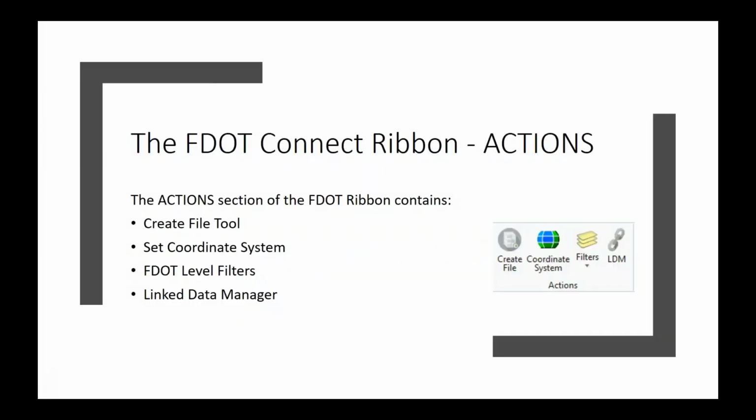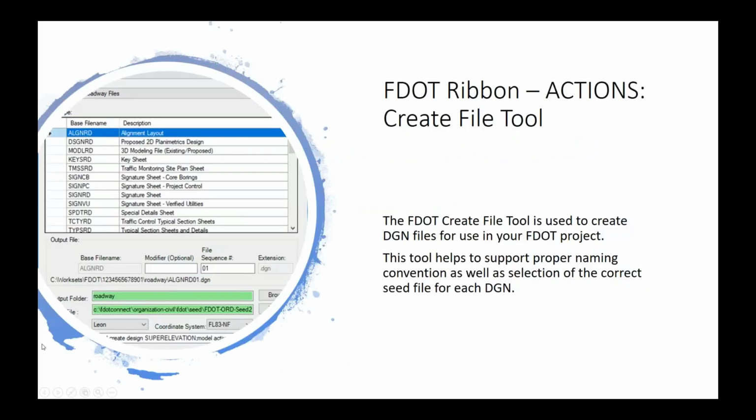The Actions section of the FDOT ribbon contains the following tools: the FDOT Create File tool, Set Coordinate System tool, the FDOT Level Filters tools, and Linked Data Manager. The Create File tool is used for creating DGN files for FDOT projects. I alluded to this last time.